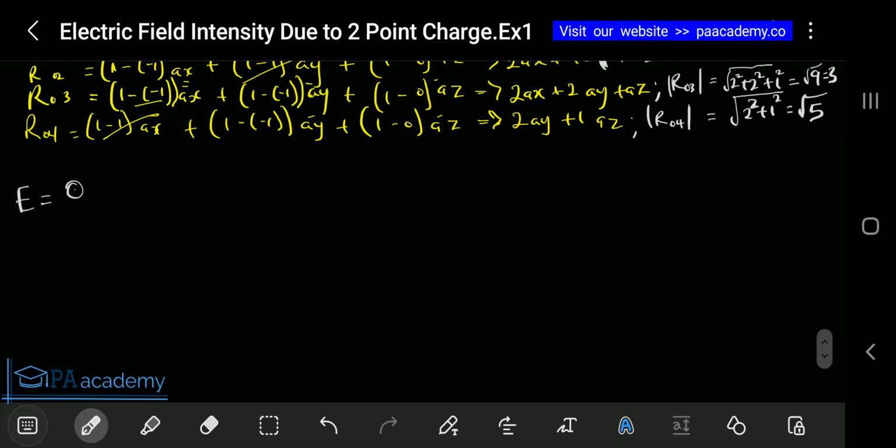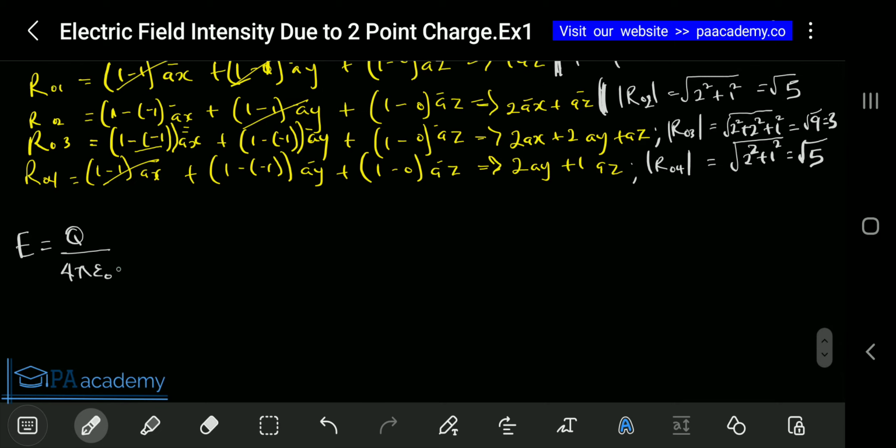So we are going to be having Q over 4 pi E naught, and then for R01, that will be R01 squared multiplied by the unit vector R01 over its magnitude R01.